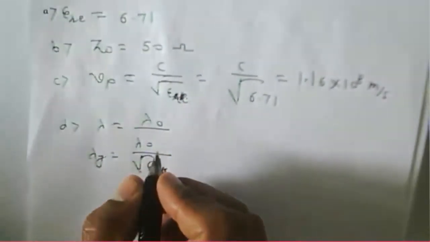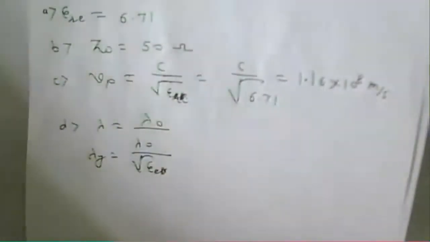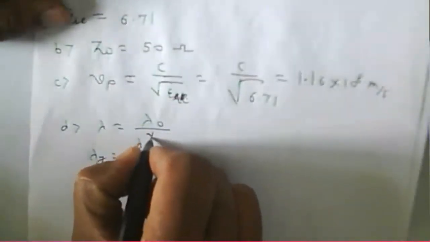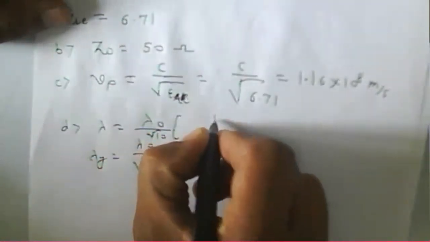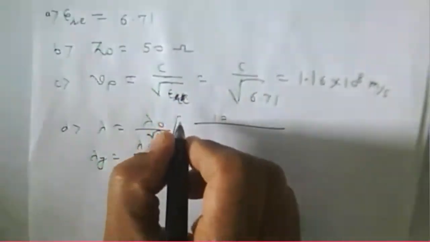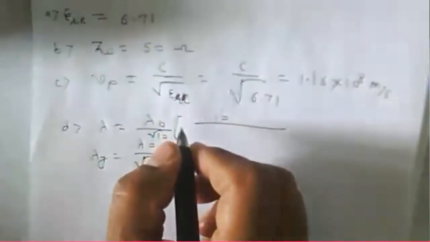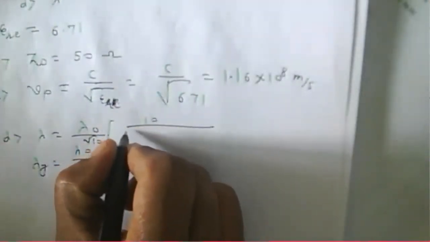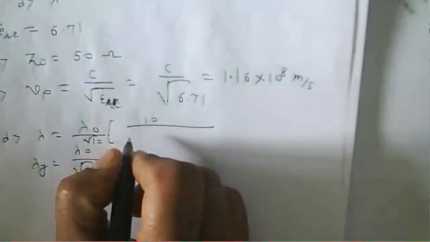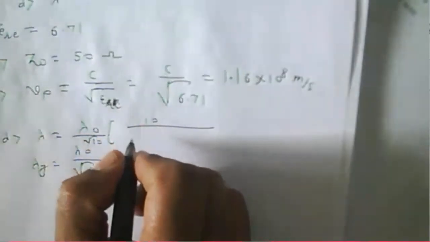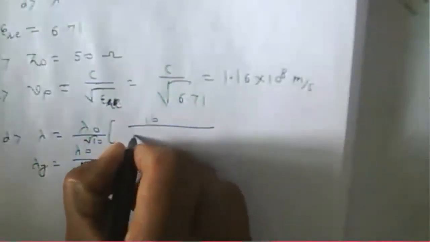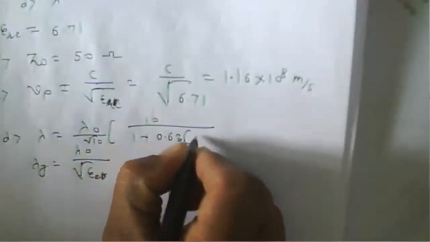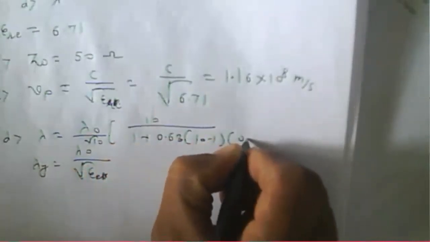That is about your lambda, and then lambda 0, where is that? Lambda 0 is nothing but what you can calculate using the equation. We can write the equation for this lambda 0 directly.